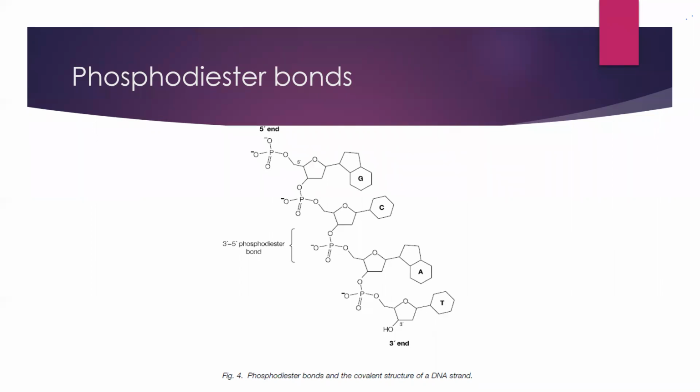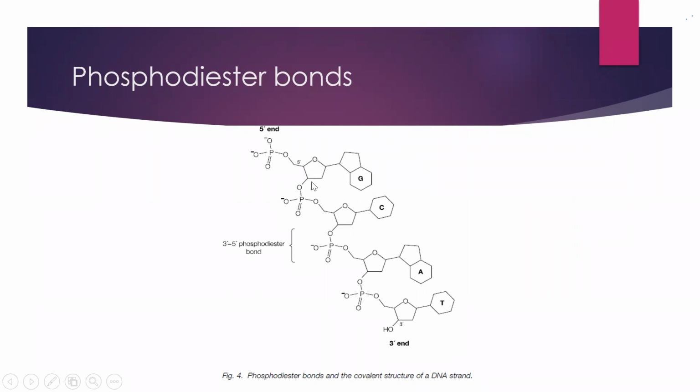There, all these monomers, which are the amino acids, are linked together by means of peptide bond, right? So similarly here, in case of nucleic acids, which are the polymers of nucleotides, the monomeric nucleotides are linked together by means of phosphodiester bond.